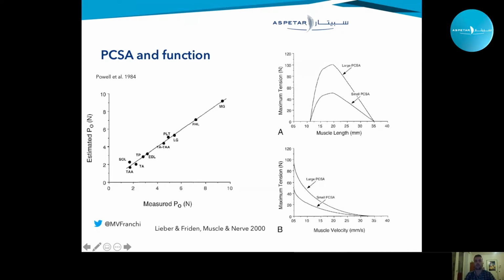In a muscle with a small PCSA, the maximum tetanic tension produced will be around 50, for example.